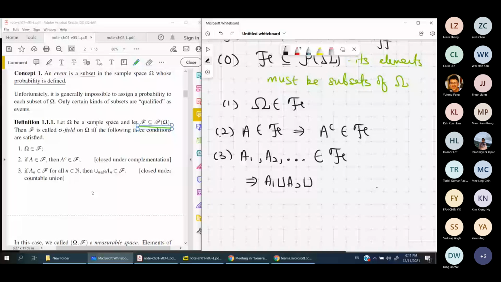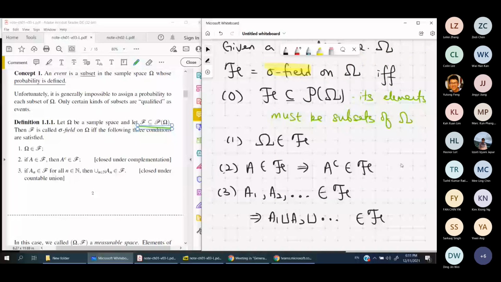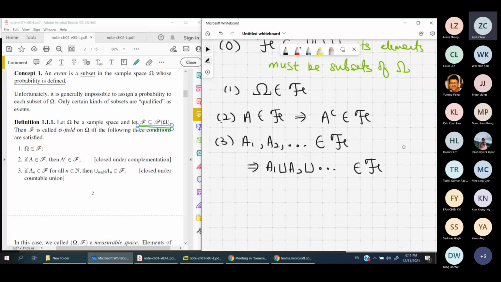Once our F fulfills these 3, plus the 0, then it is a so-called sigma field. If I give you something, you just need to verify 0, 1, 2, 3. If it fulfills all these criteria, it is a sigma field on omega. That is our definition, and this is how we need to do it.